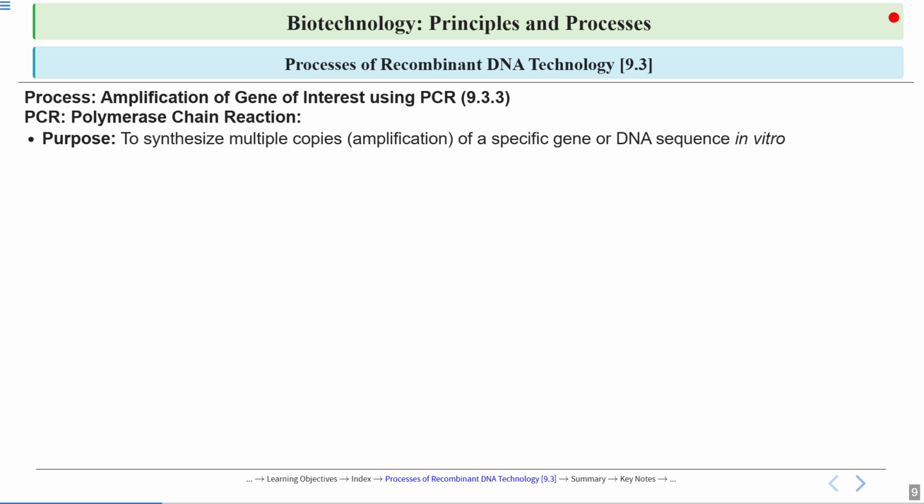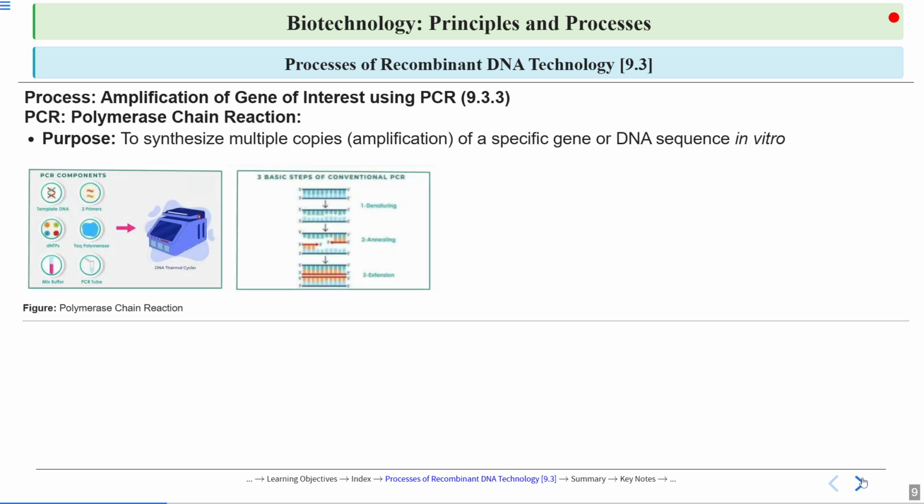In vitro means experiments or procedures that are carried out outside of a living organism, in a laboratory in controlled settings. So we can synthesize multiple copies of our gene of interest in vitro, outside living beings, in the laboratory.